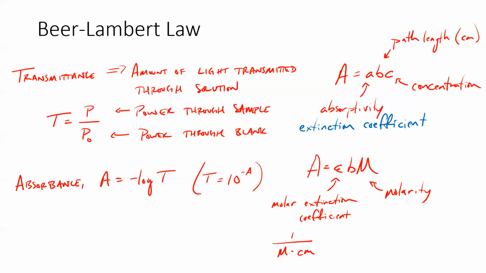And so absorbance is also unitless. So 1 over molar centimeters or liters per mole centimeter, right? These are both reasonable terms. If we were talking about ppm, then it would be 1 over ppm centimeters, or grams per liter, liters per gram centimeter. Your absorptivity coefficient, your extinction coefficient can have all kinds of crazy units depending on what you use in terms of your concentration.